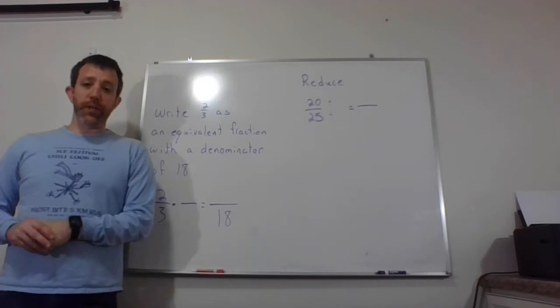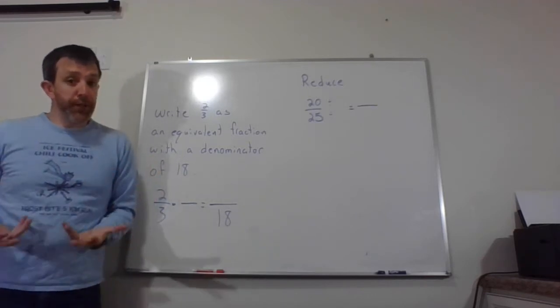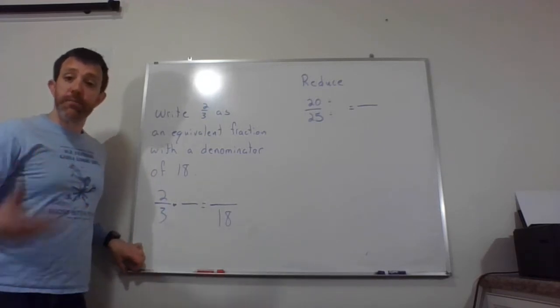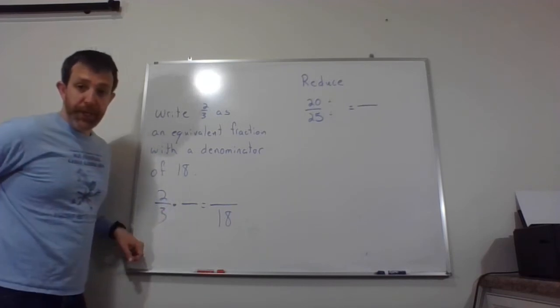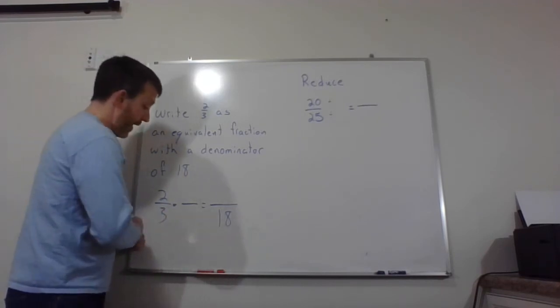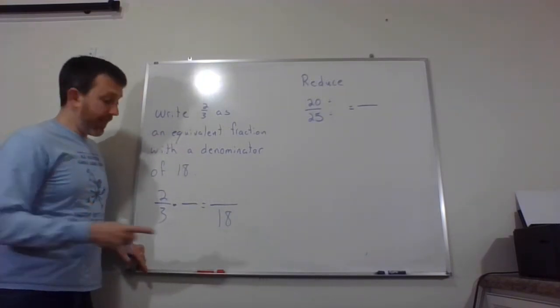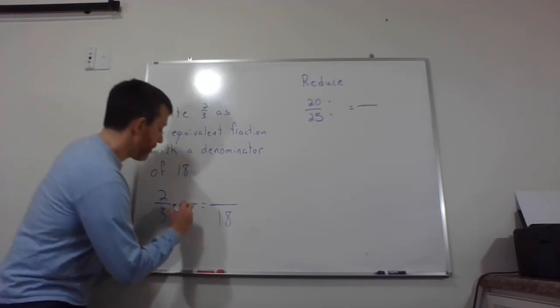So the way this is going to work is we're going to need to multiply to make our numbers bigger. We want to go from 3 to 18 on the bottom, so we need to multiply to make our numbers bigger. We need to figure out what it is that we're multiplying by. So in this case, we can look at it and say, okay, 3 times 6 is 18. If you need help figuring that out, just turn it around and do a division problem. 18 divided by 3 would give you the 6.